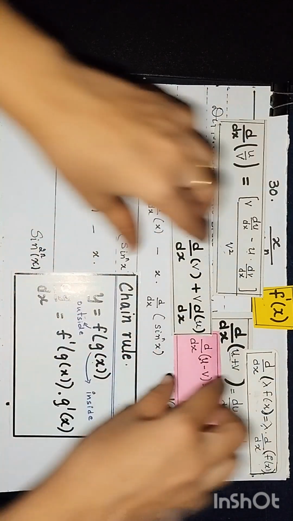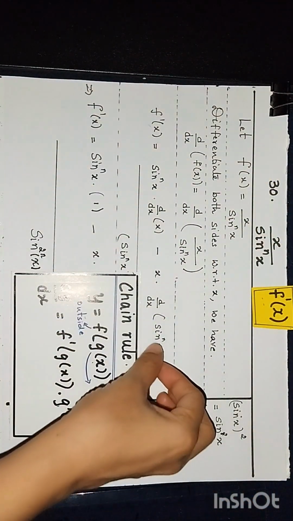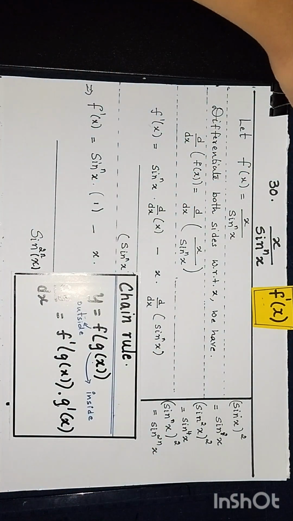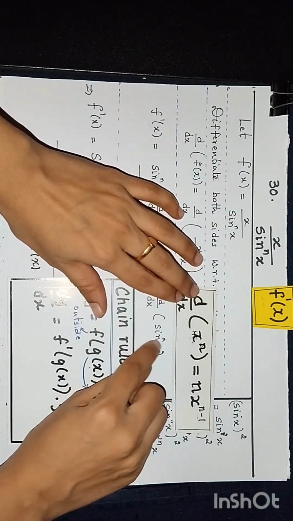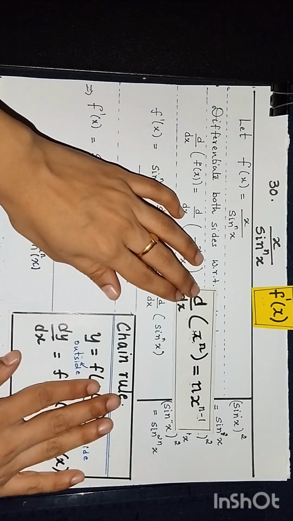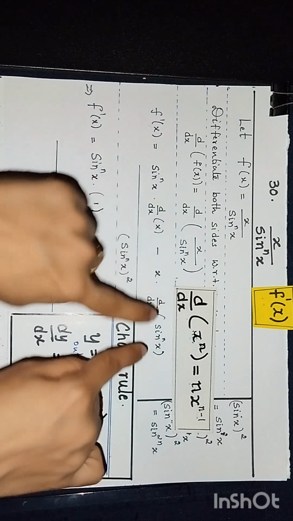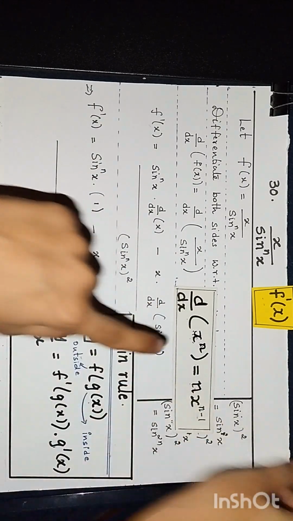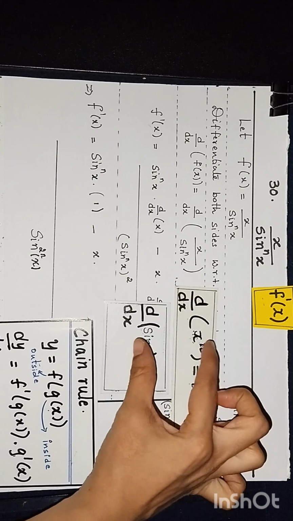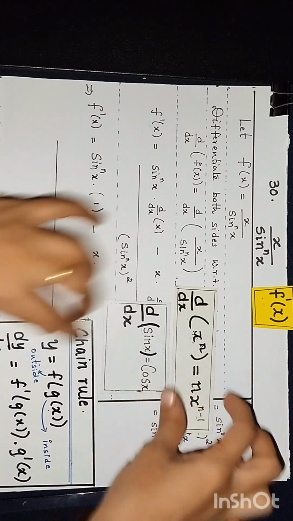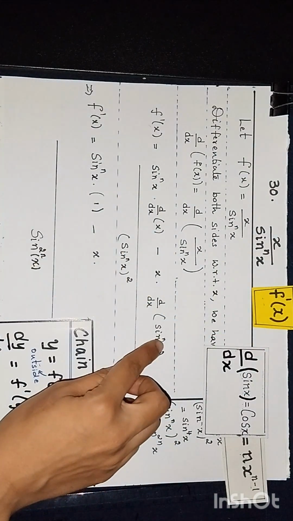So which is the outside function here? That is x to the power n. See, sine to the power n and x to the power n. And there is also one more function here, that is sine x. So the two functions are clubbed here, and you have got a function that is sine to the power nx.